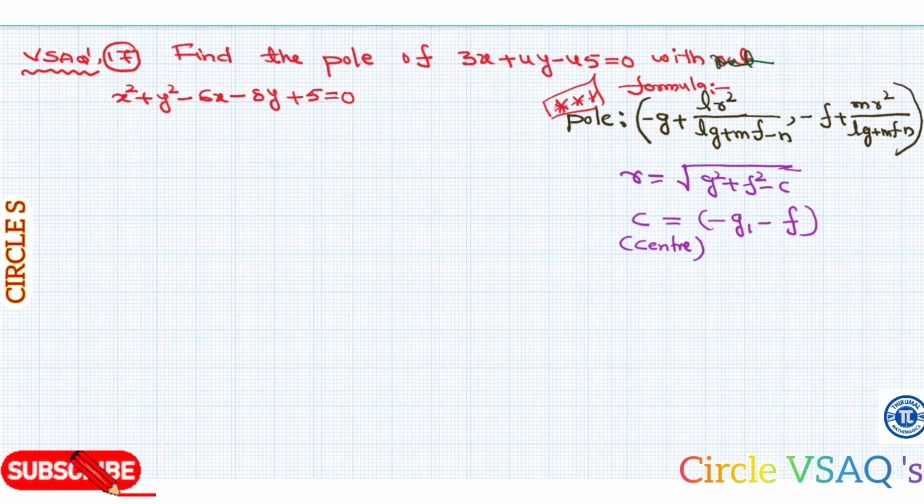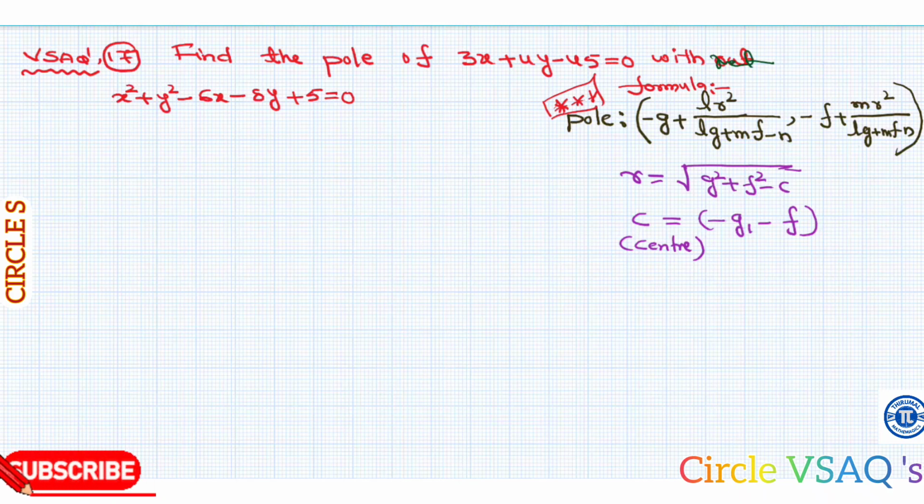Okay, here the formula is minus g plus l r square by lg plus mf minus n comma minus f plus m r square by lg plus mf minus n, where r equal to root g square plus f square minus c and the center is minus g comma minus f.